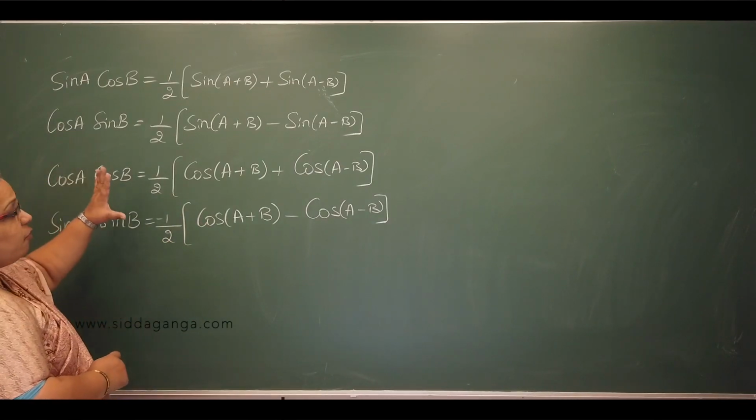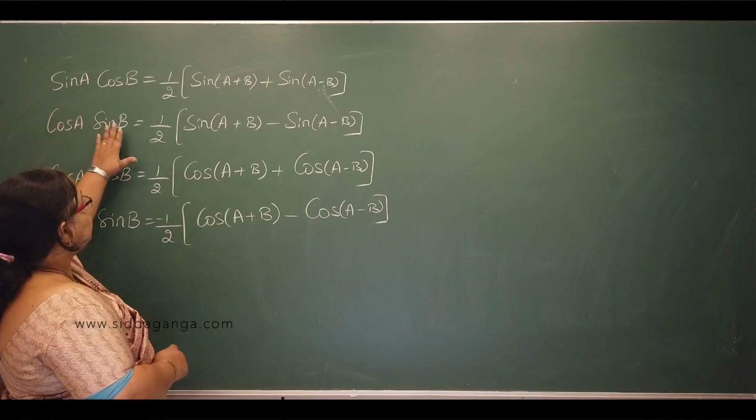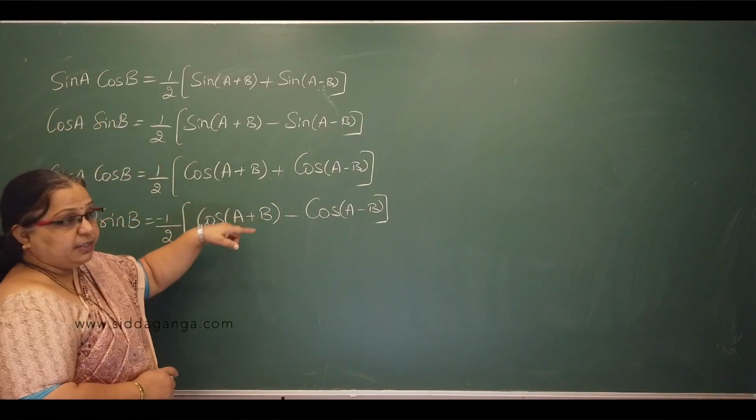So these are the four results where we convert the product of two trigonometric ratios into the sum or difference.